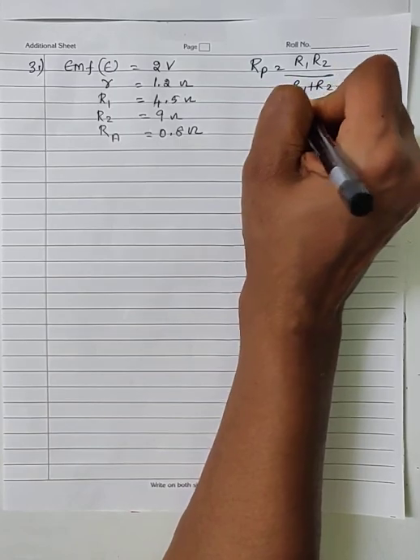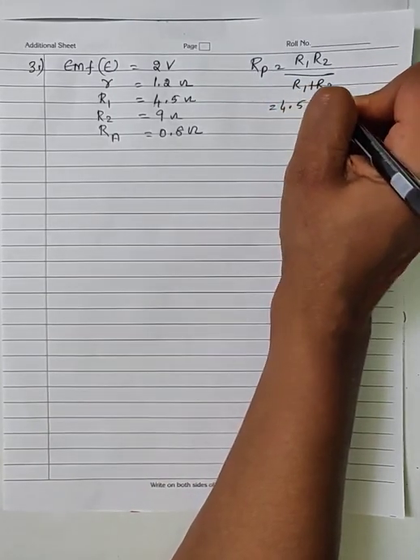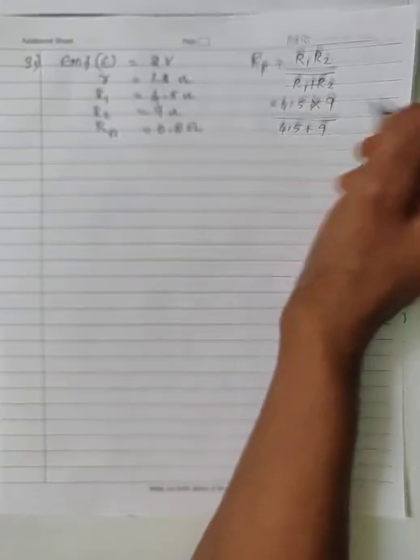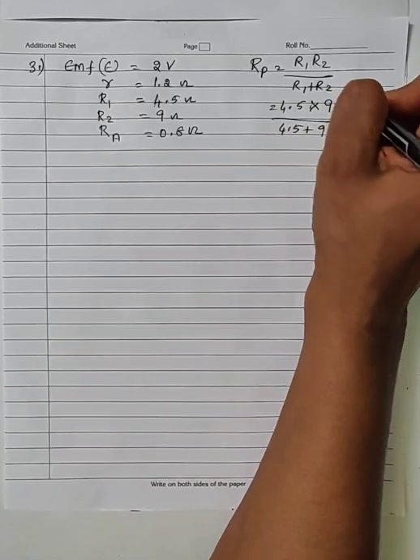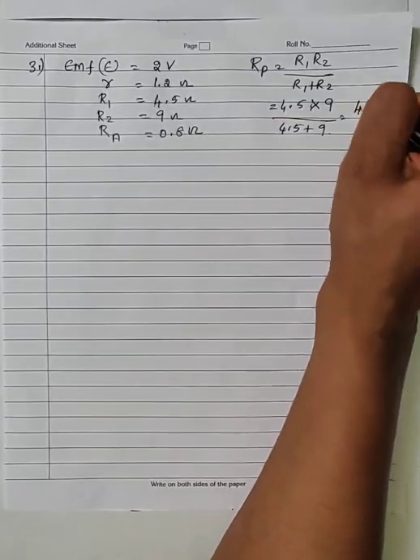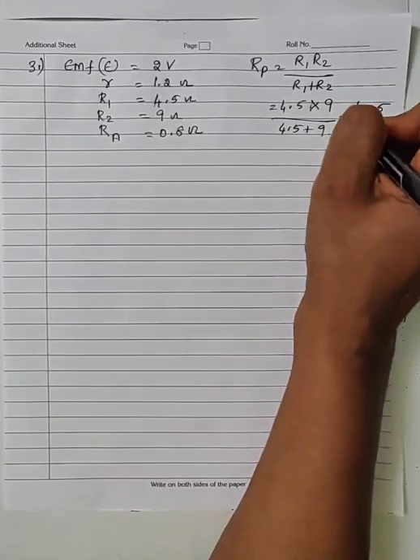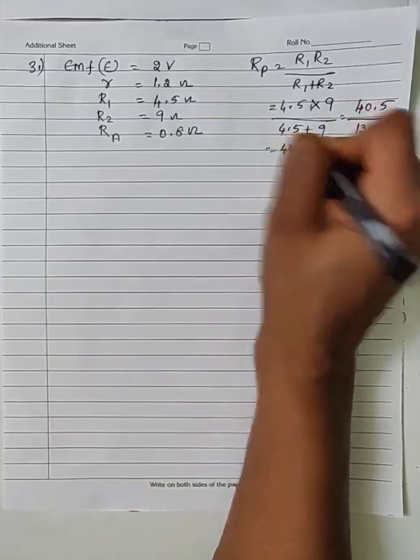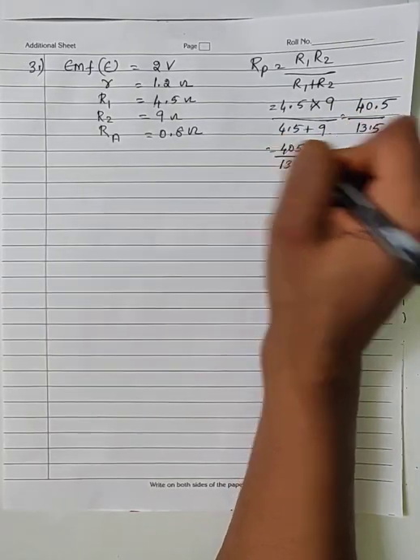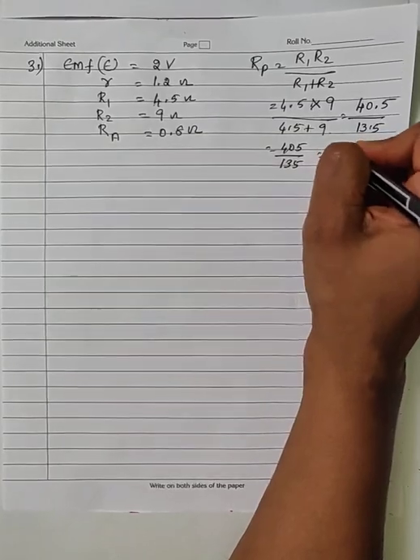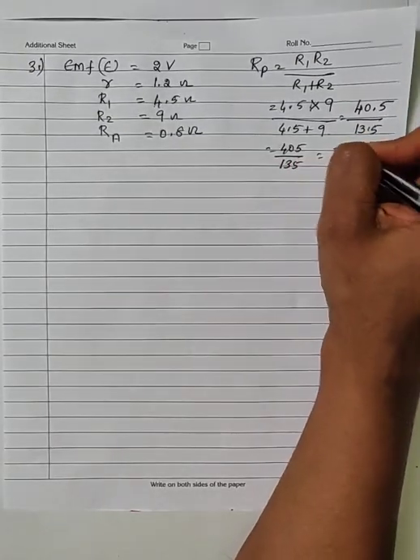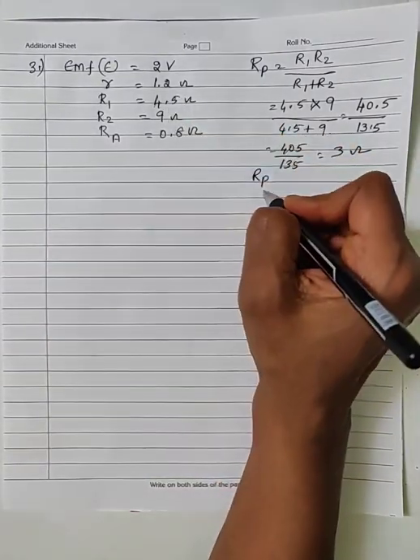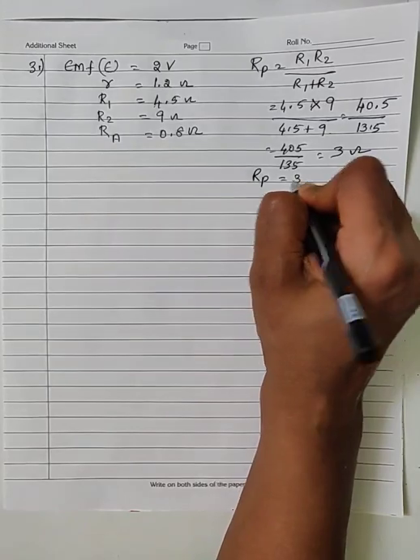R1 is equal to 4.5 into R2 is equal to 9, divided by 4.5 plus 9. 4.5 into 9 is equal to 40.5. 4.5 plus 9 is equal to 13.5, which we can write as 405 divided by 135. 3 135s are 405, which is equal to 3 ohm. So the two resistors R1 and R2 can be replaced by a single resistor of value 3 ohm.